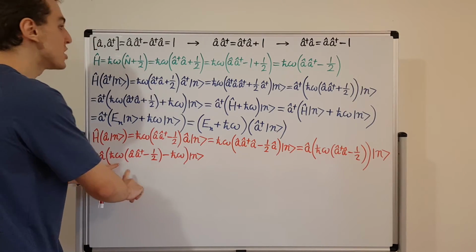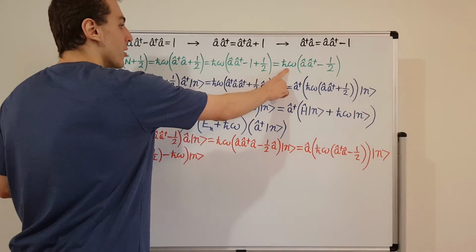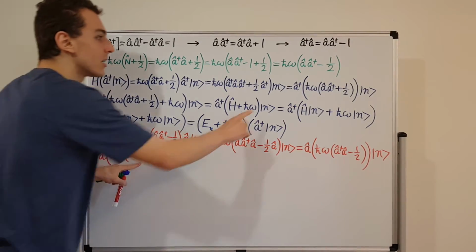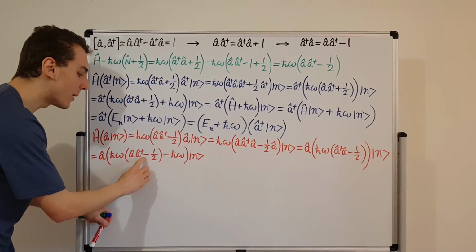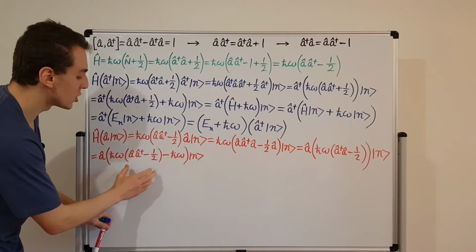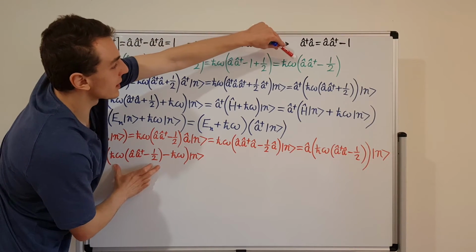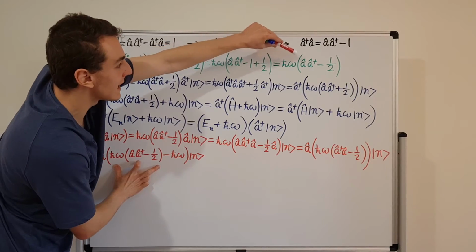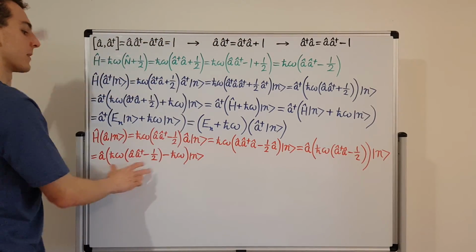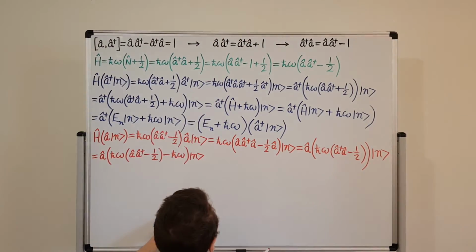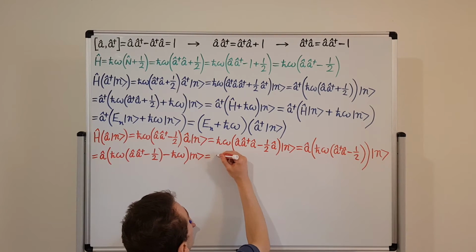We have h bar omega, that's this guy over here, and we have A dagger A with a minus sign. So we have the minus sign and we have the correct order. So we know that this combination over here is equivalent to this combination. We have the correct order of A dagger A, and we also have a minus sign. So let's write that inside. So we still have A outside.